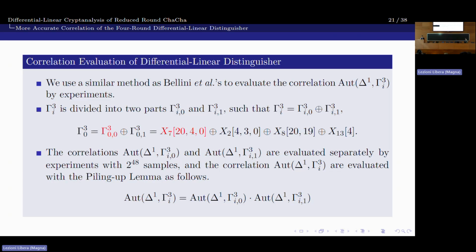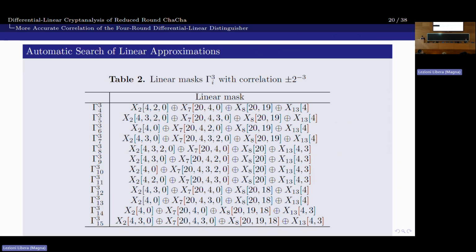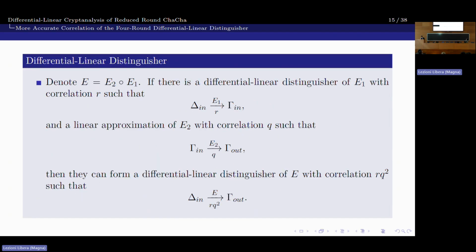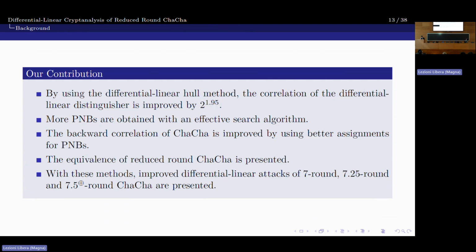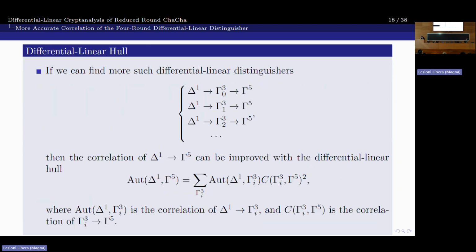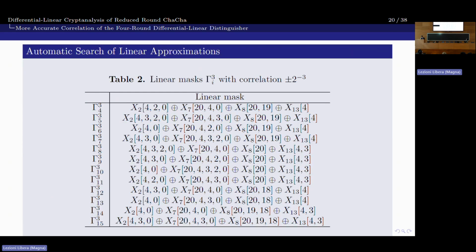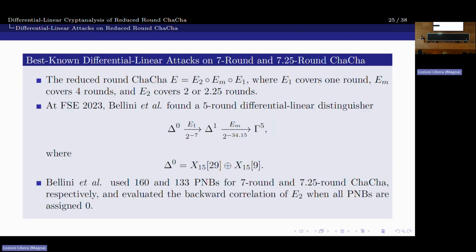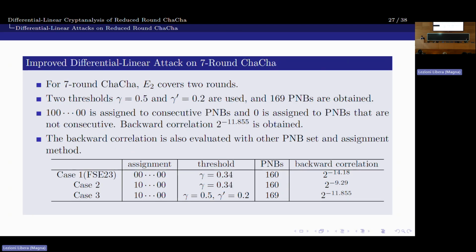Thank you very much for the talk. So for PNB, you have 3 cases. So for the assignment, you have all 0, or 1, 0, star.